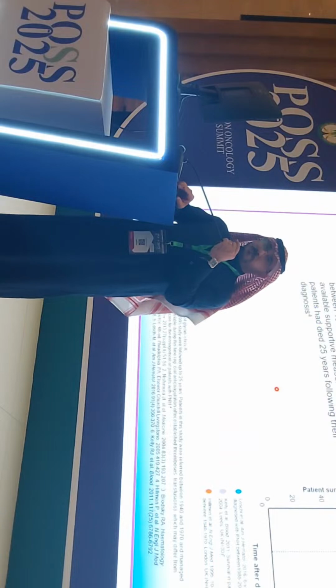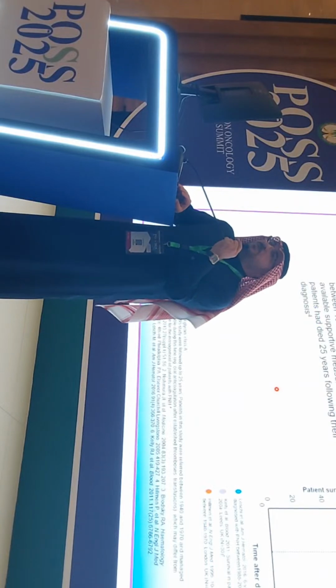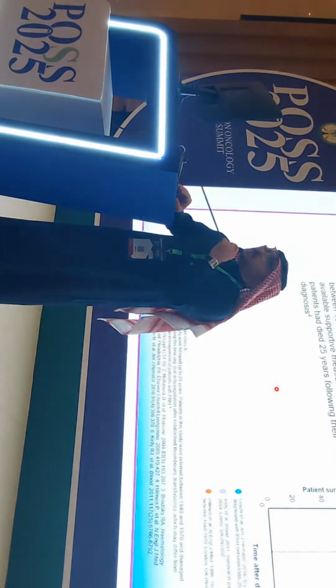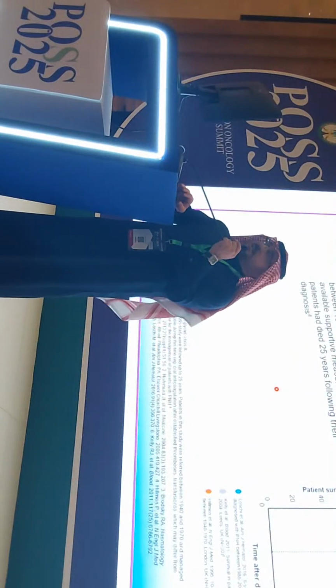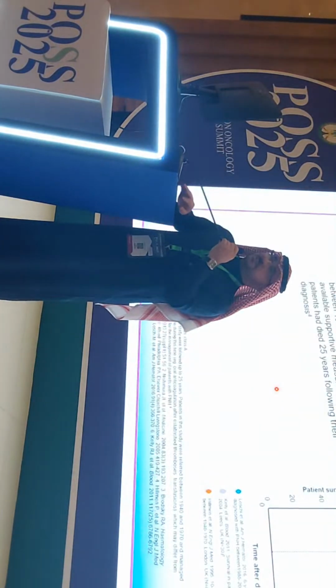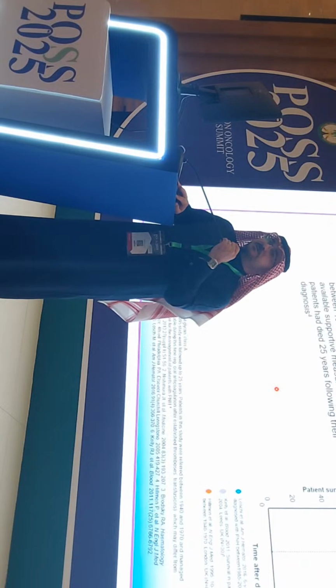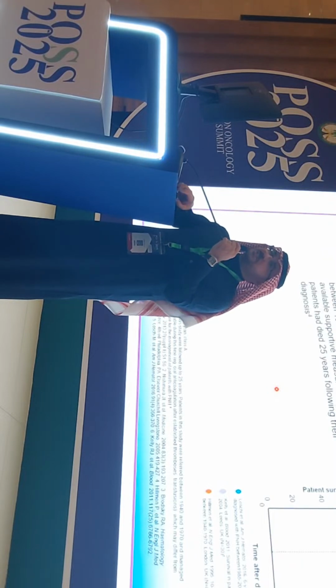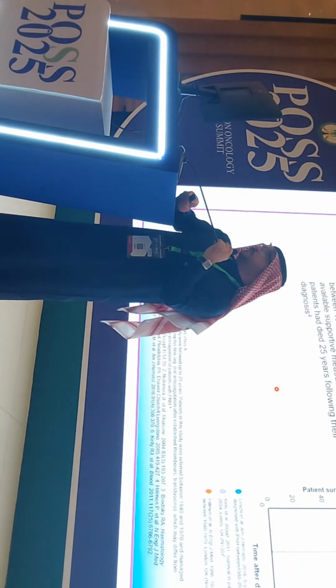But historically speaking, when patients were treated only with supportive care, you can see the curve here that was looked at in the 1970s: 50% of the patients die within 10 years.